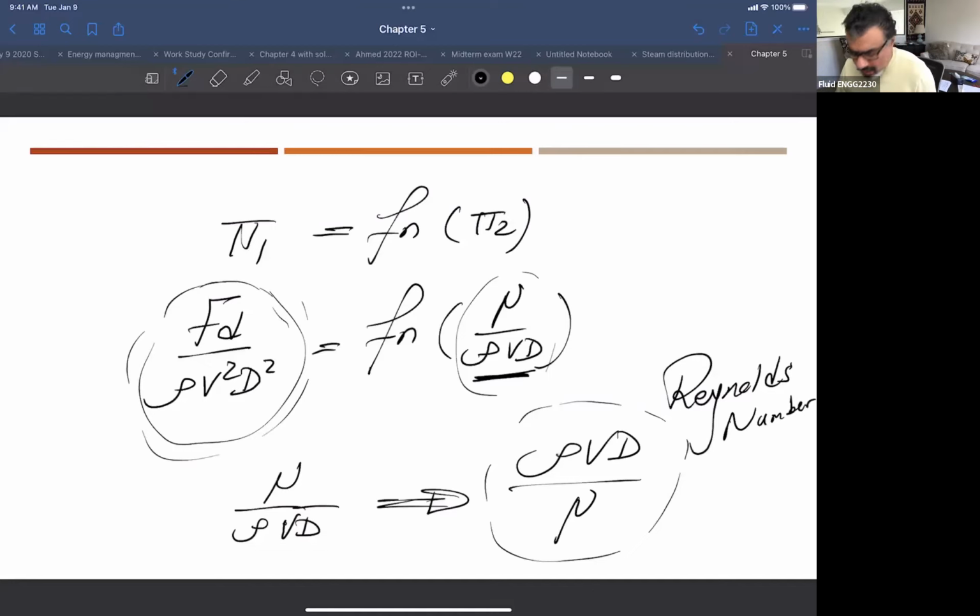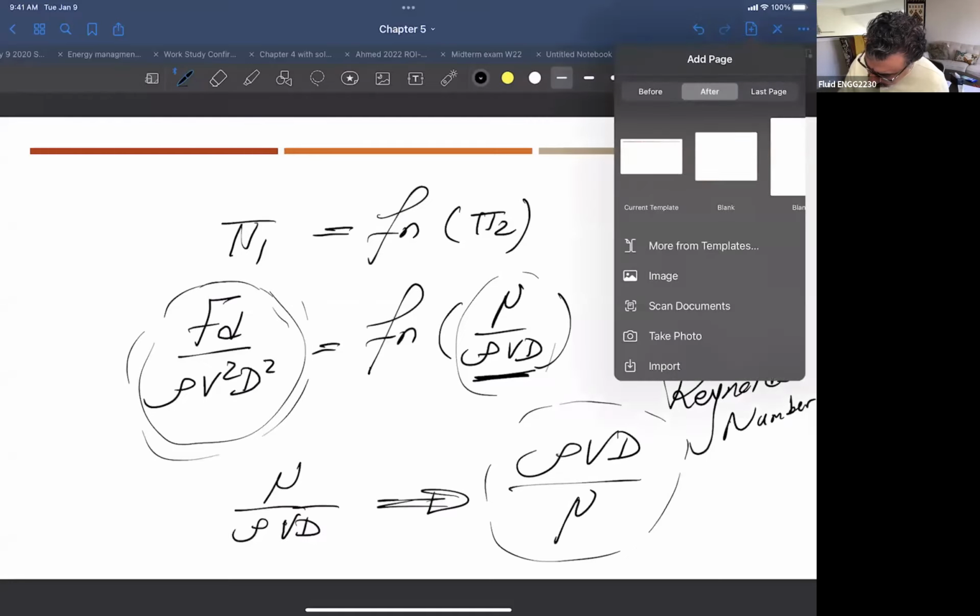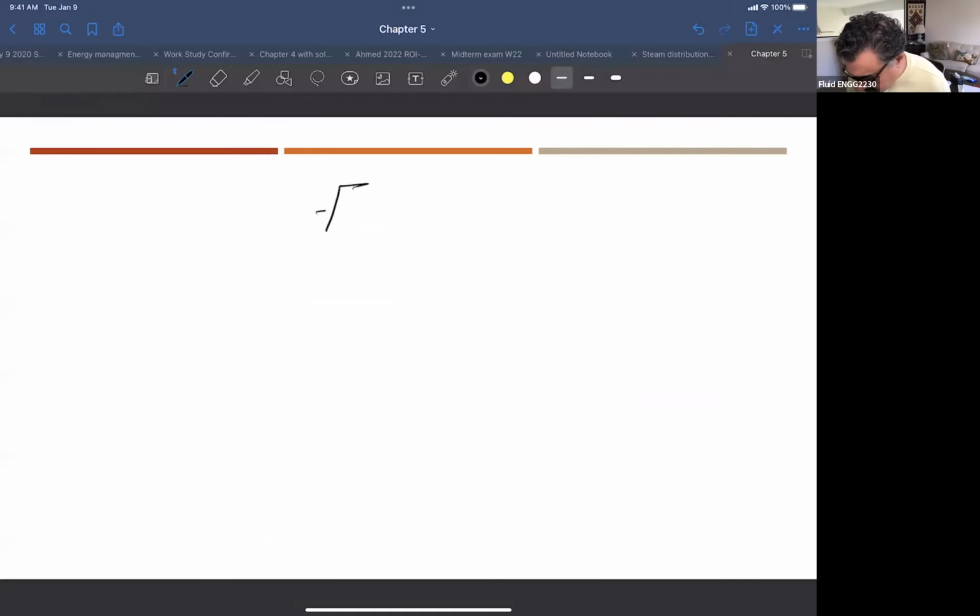Okay, and if I, for example, here, F_D over rho V squared D squared, multiply by half, did I change anything? Is it still dimensionless or not? Yes, because half has no dimension.